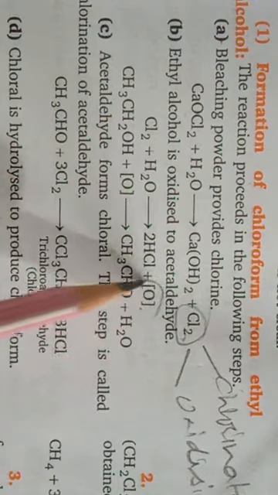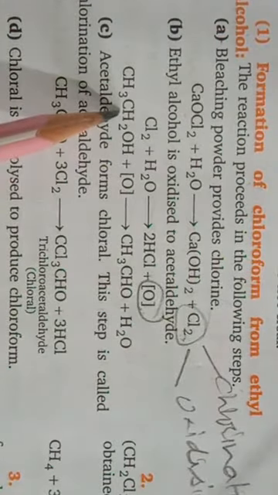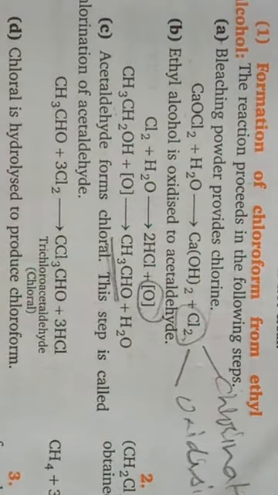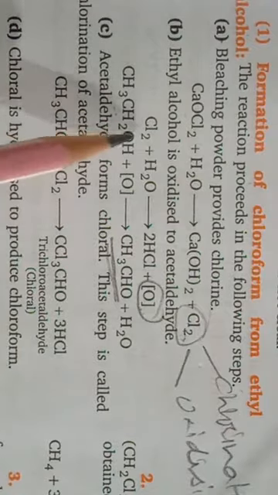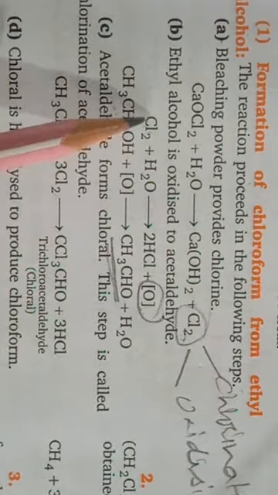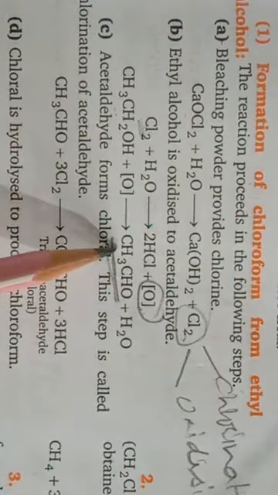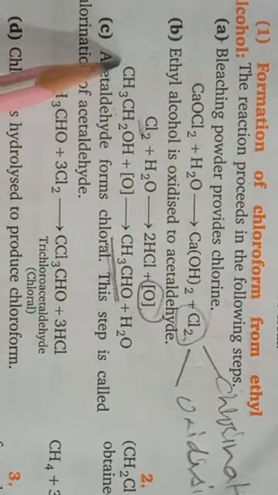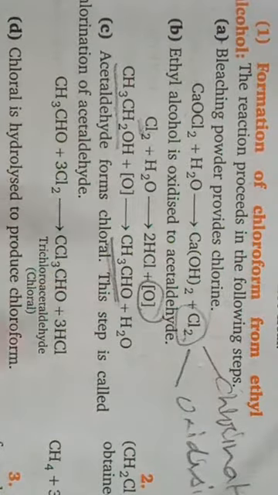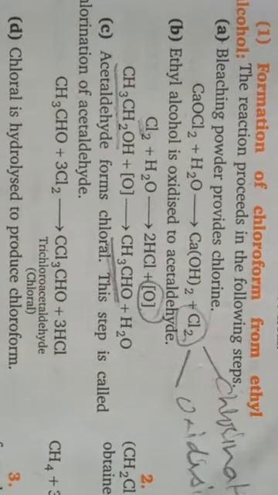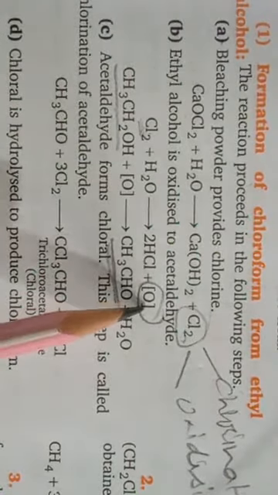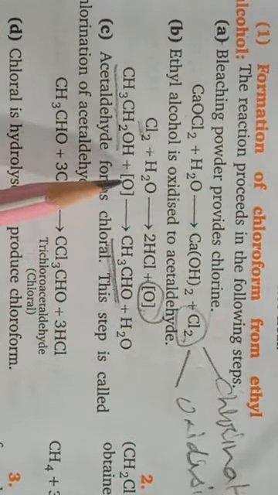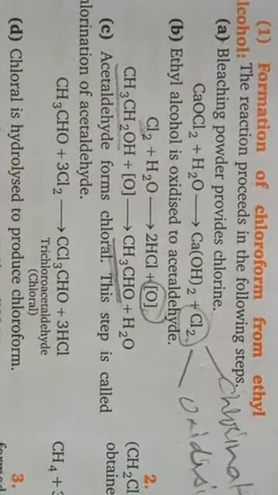This nascent oxygen will oxidize ethyl alcohol to ethanal. Okay children, in this conversion the chlorine is acting as an oxidizing agent. First chlorine produces nascent or atomic oxygen, which is further used for the oxidation of ethanol to ethanal.